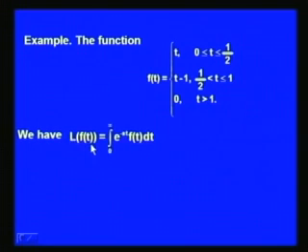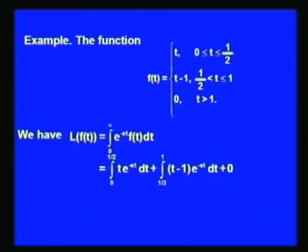By definition, the Laplace transform of f t is the integral from 0 to infinity of e to the power minus s t into f t dt, which is equal to the integral from 0 to half of t e to the power minus s t dt plus the integral from half to 1 of t minus 1 e to the power minus s t dt plus 0. The third integral, from 1 to infinity, becomes 0 because the function f is defined as 0 there.